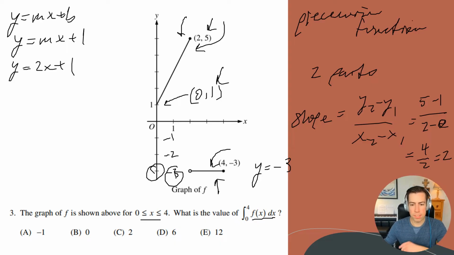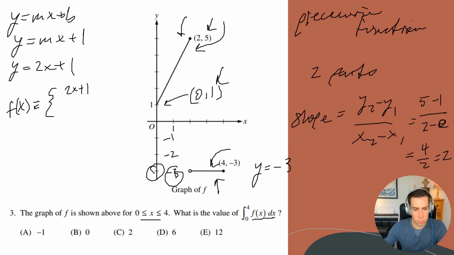So now I want to essentially splice these two lines together and make a piecewise function. I'm going to write out the correct form. f of x is defined as 2x plus 1 from 0 to 2.